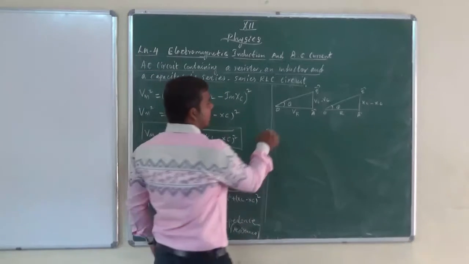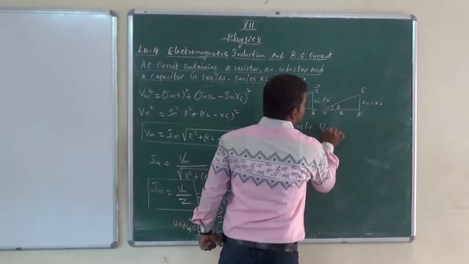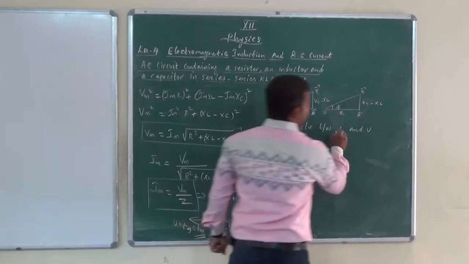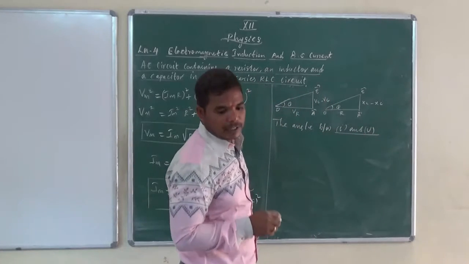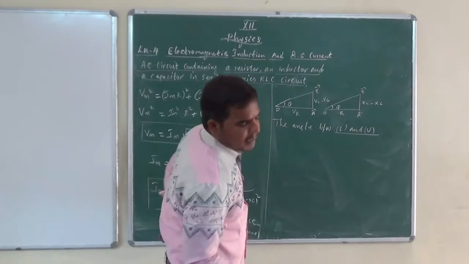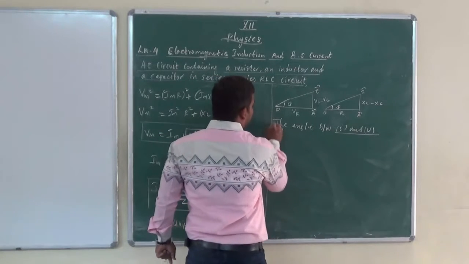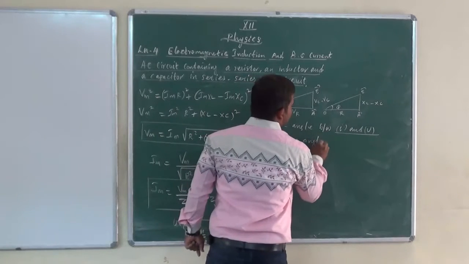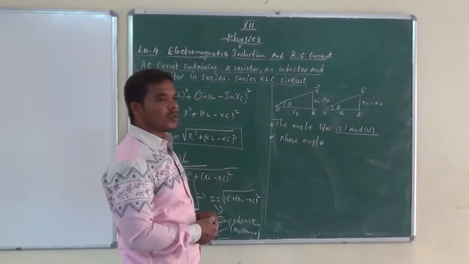We can find the angle between I and V. I represents current and V represents voltage. The angle between them is called the phase angle.